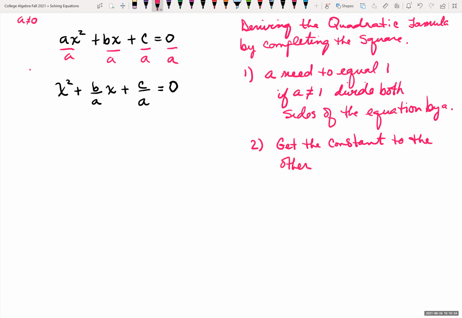So remember, the constant was the number that wasn't associated with the number in front of our variable, our letter. And in this case, our variable is x. So get the constant to the other side of the equation. So we're going to subtract c over a on both sides.